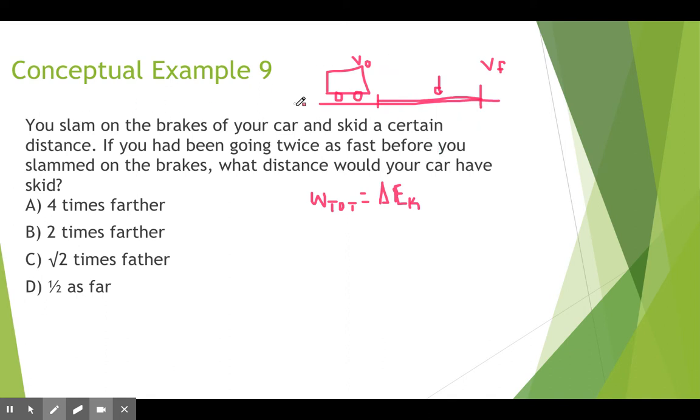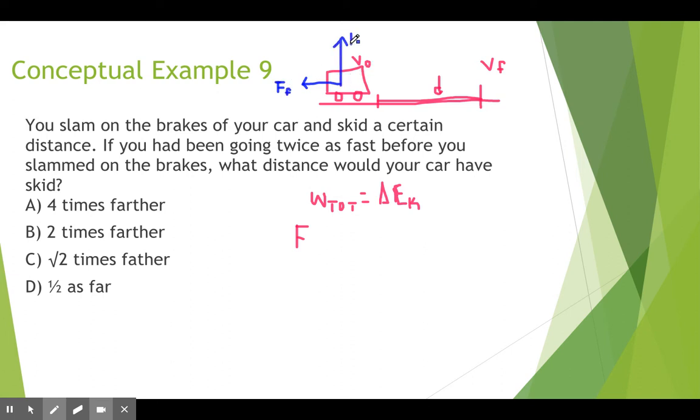So basically, you want to figure out how d changes. In this case, our car is going to have those same forces acting on it as our previous example. So once the car starts to skid, the force acting on it in the x direction is going to be the force of friction and the force of friction only.